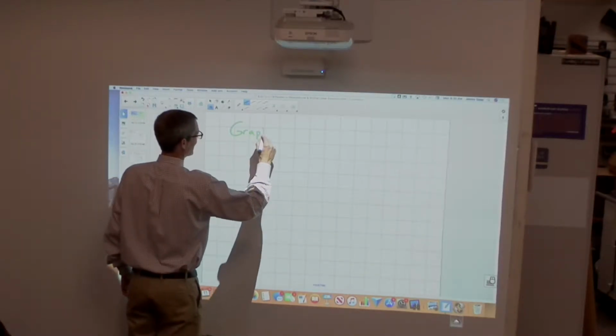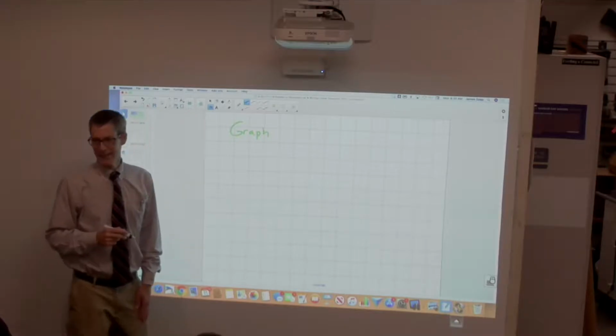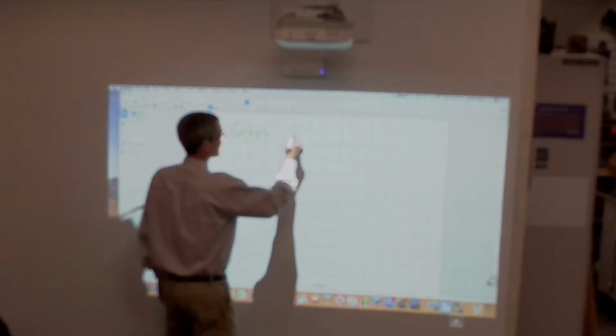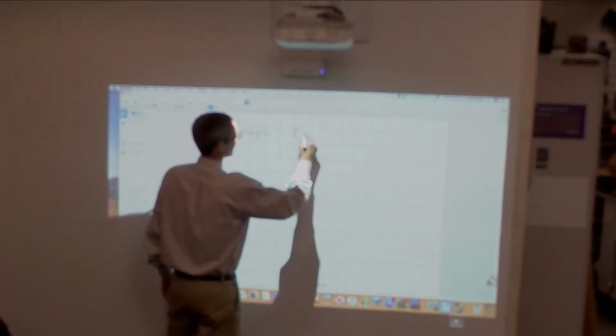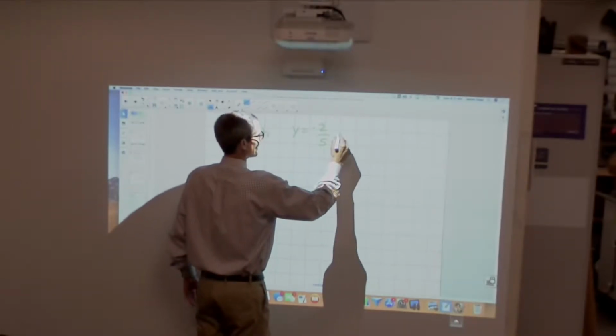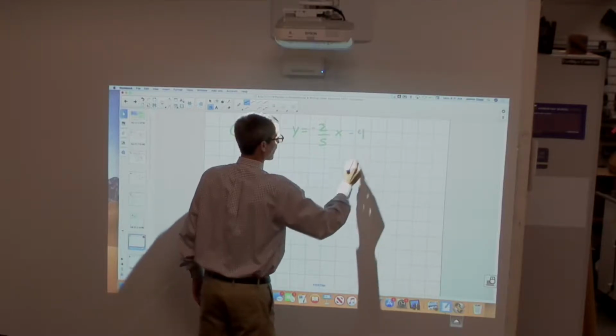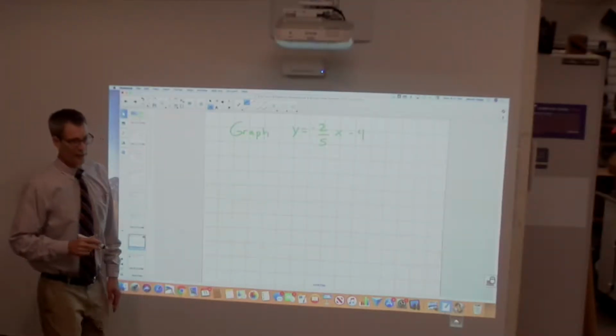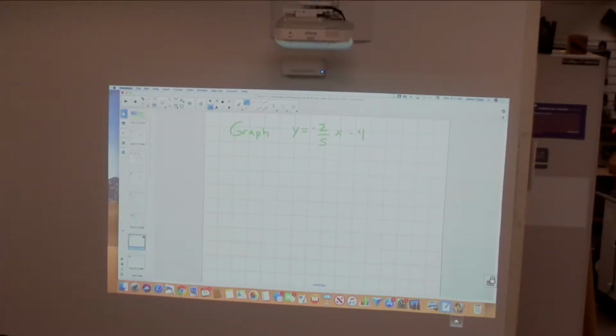So let's graph. If I can get it off of green someday, I hope everybody can see. Can you guys see that back there? Graph y equals negative 2 fifths x minus 4. See if you can do that on your paper. You could either use a function table and get points, or you could use slope-intercept form.